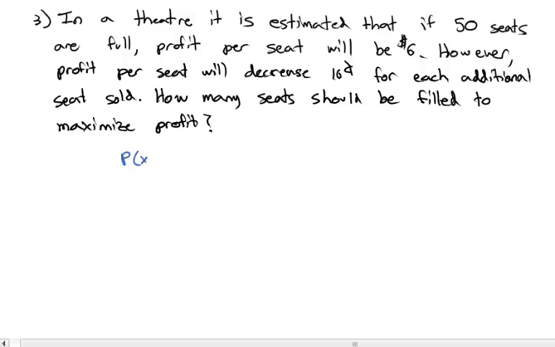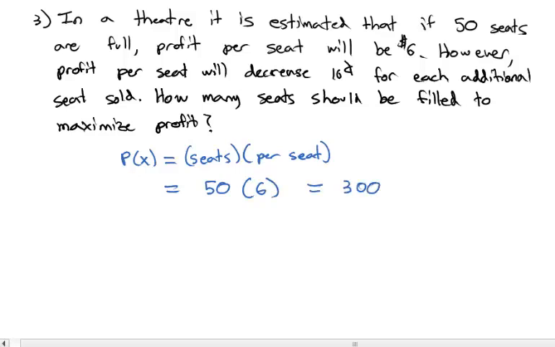So we're looking at profit. Profit, you notice, is going to be the number of seats times the per seat profit. That'll give you the total profit. And right now, we're saying at 50 seats times the per seat profit of 6, our profit is 300.